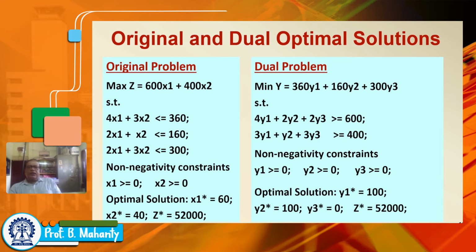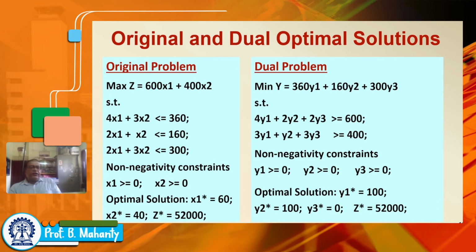See, x1 is the dual variable for this particular constraint, and x2 is the dual variable for this particular constraint. Now, if x1 exists in the basis, that means x1 equal to 60 and x2 equal to 40, they both have values.